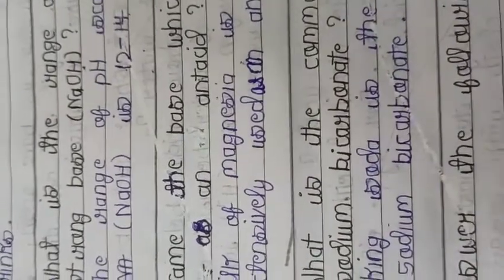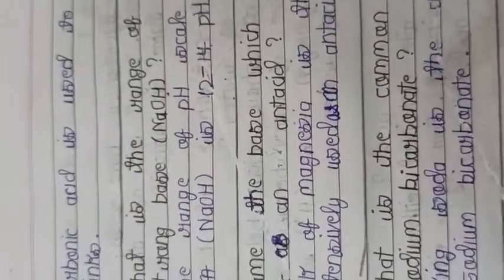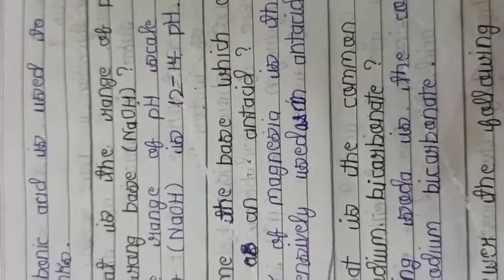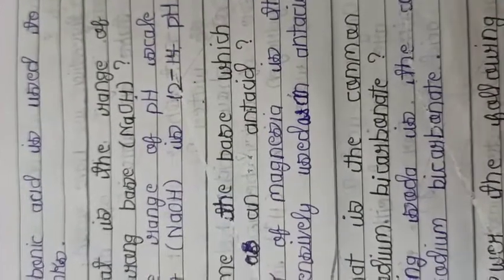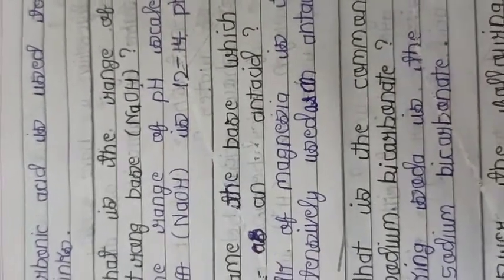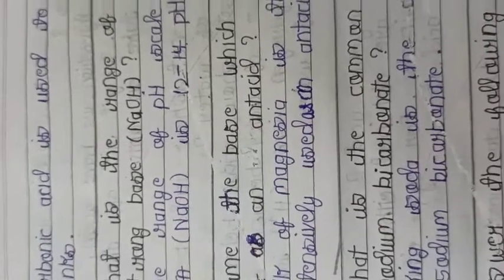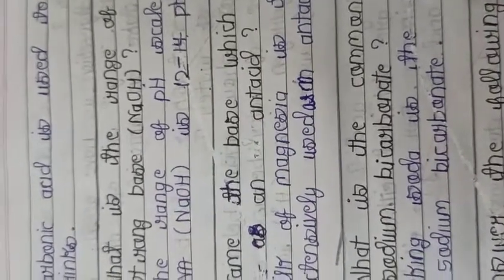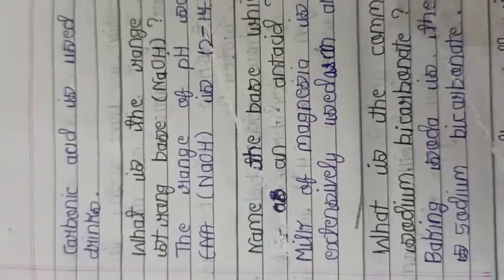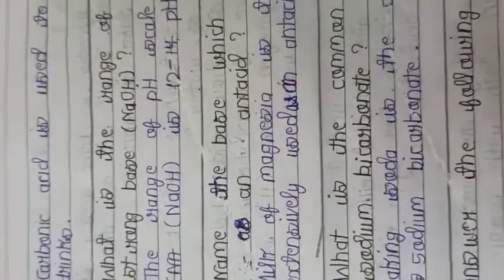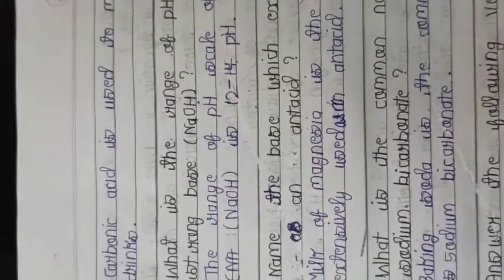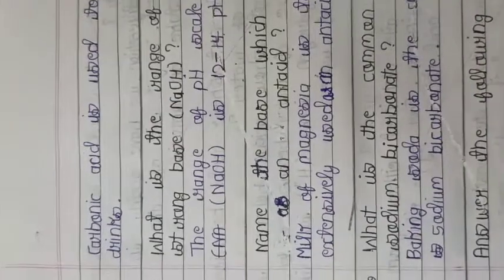Write down all of them in your science notebook, because these are the short answers, means very short we can say, or short answers. Under the heading of short answer you can write down, and after that in the next class I'll give you next answers.